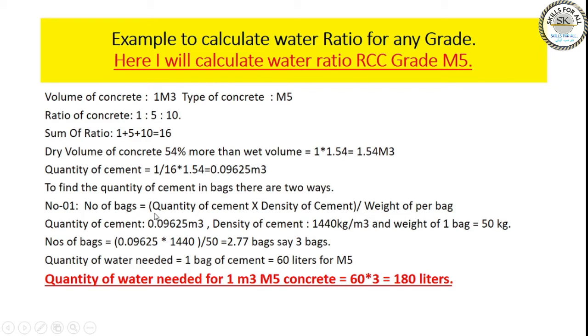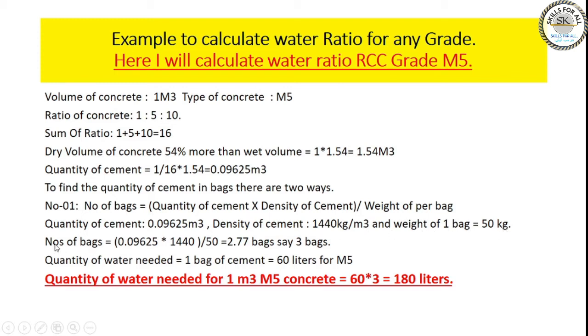Number of bags is equal to quantity of cement, whatever we calculated here in cubic meter, multiplied by density of cement, divided by weight of cement per bag. Quantity of cement is 0.09625, the density of cement is 1440 kilogram per meter cube, and weight of one bag is 50 kg.